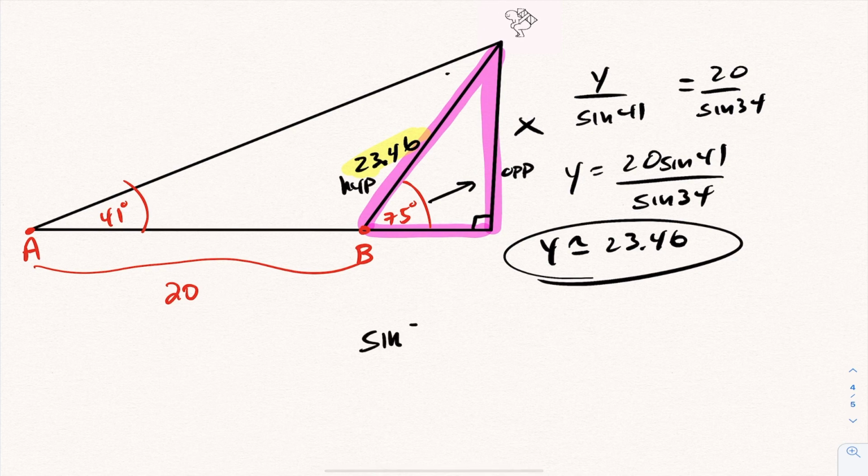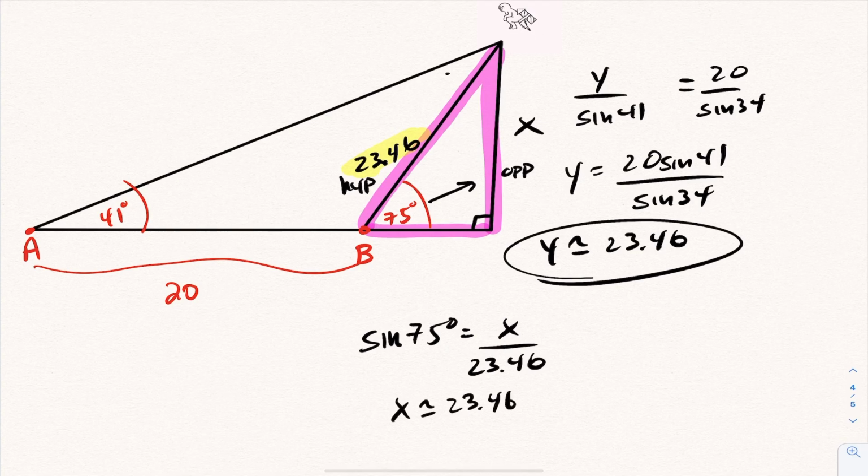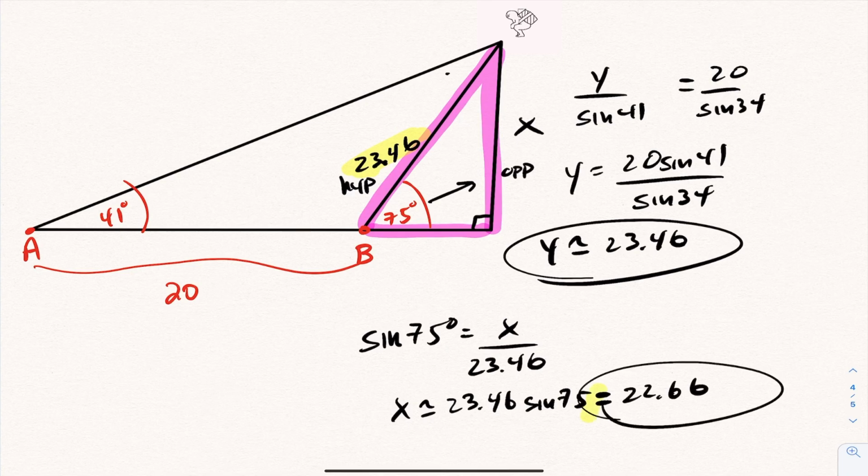So the sine of 75 degrees is going to be my opposite, which is x, divided by 23.46. And multiplying across here, my x value, which is the altitude of the rocket, is approximately 23.46 sine 75, which is equal to 22.66. So for this question here, the rocket is approximately 22.66 kilometers from the ground.